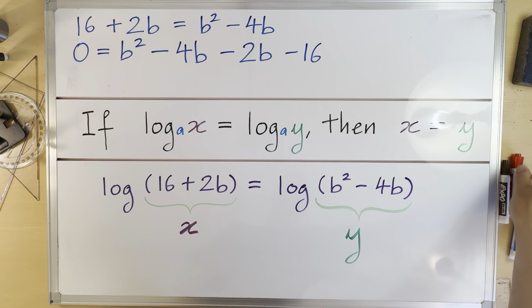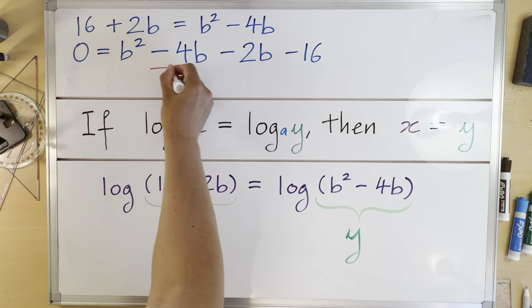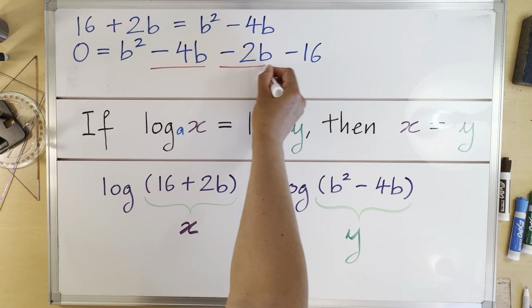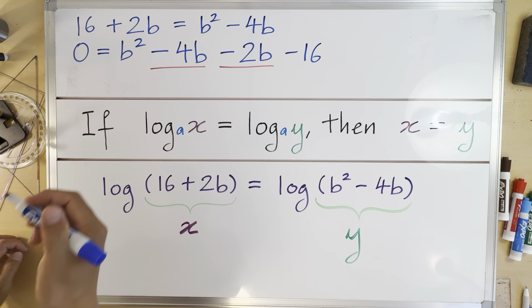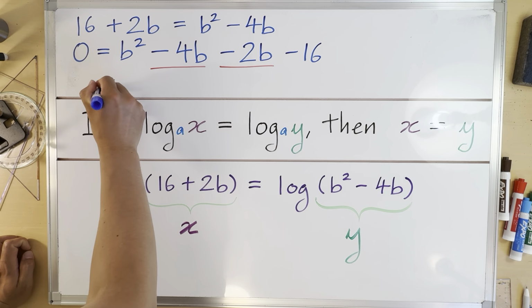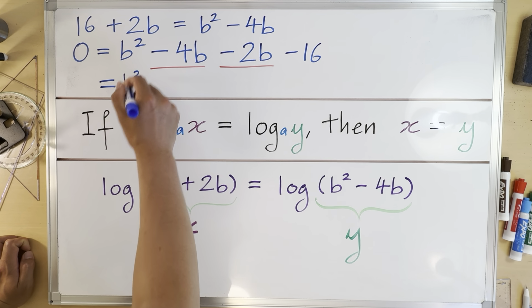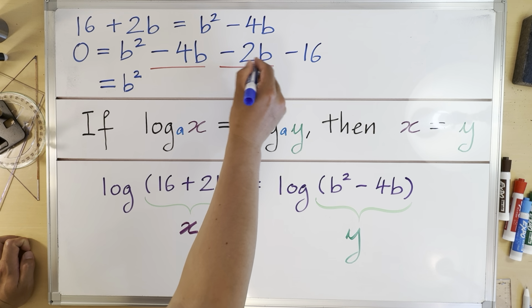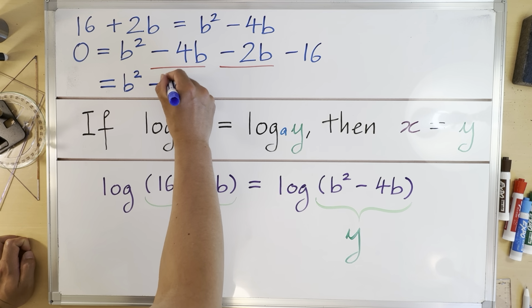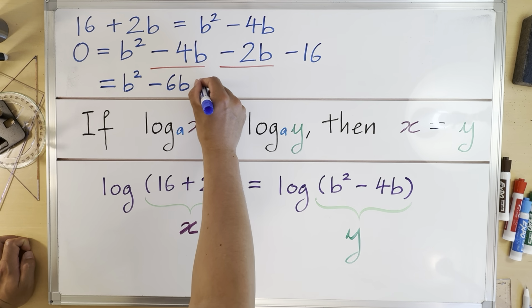So we have a like term right here and a like term right over here as well. Now we have b squared minus 4b minus 2b gives us negative 6b minus 16.